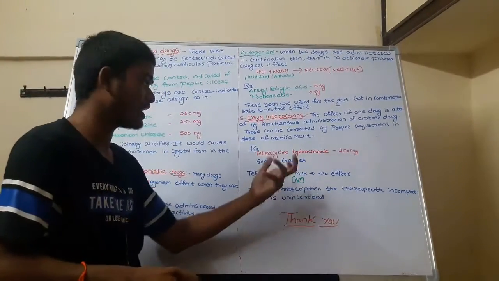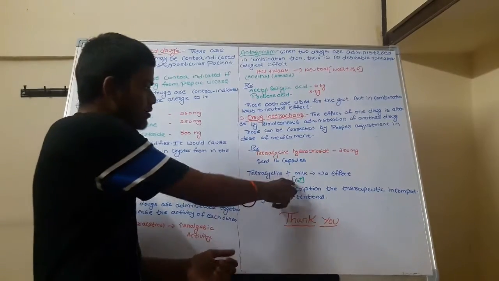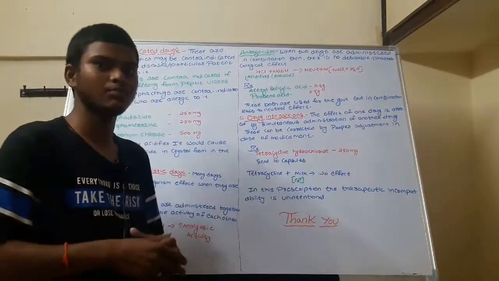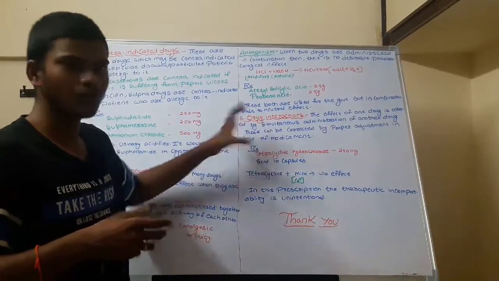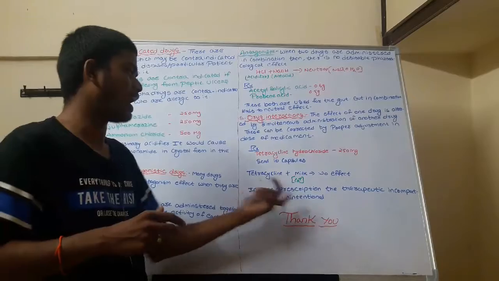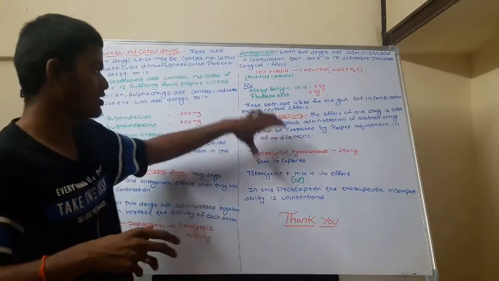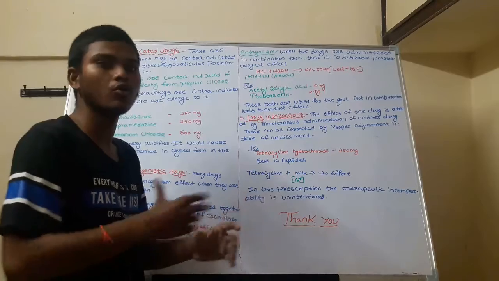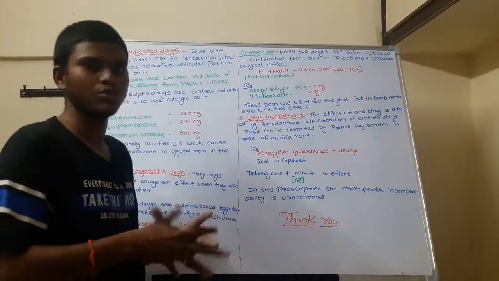This is because milk contains calcium ions. These calcium ions react with tetracycline and no pharmacological action is produced. In this prescription we can say the therapeutic incompatibility is unintentional. Intentionally we do not produce this effect; unintentionally, without knowing it, this effect is produced.